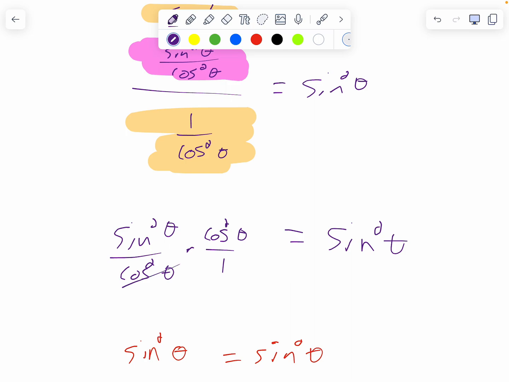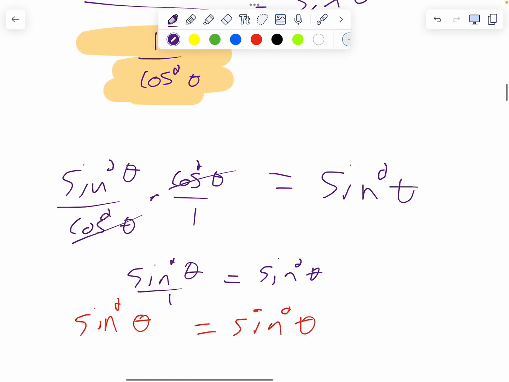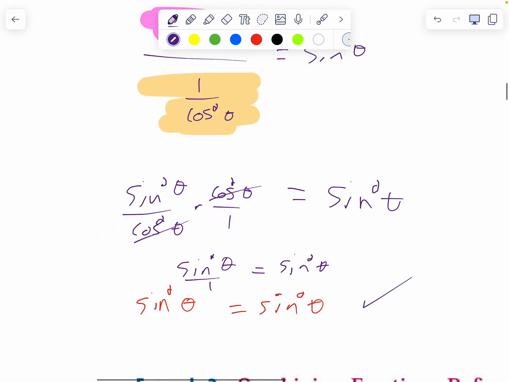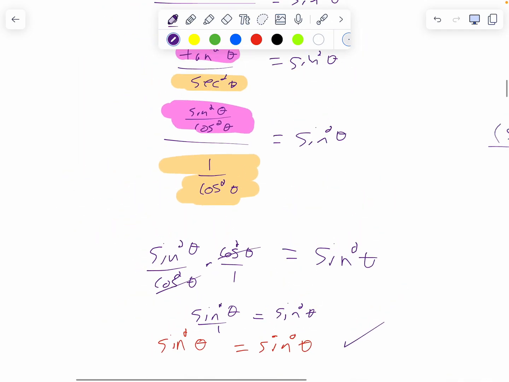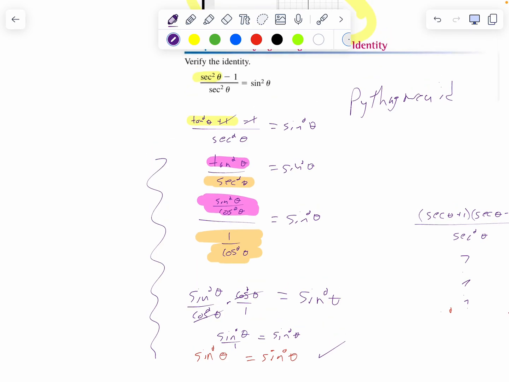Cosine squared is a common factor that factors out of the denominator and numerator, and I'm left with sine squared theta over 1 equals sine squared theta. And the last time I checked, sine squared theta divided by 1 is sine squared theta. Check. I'm done.